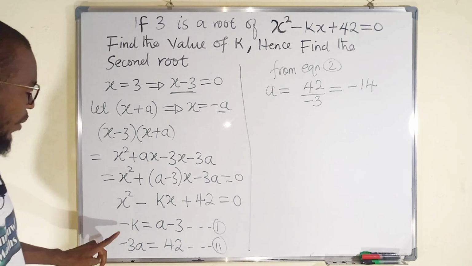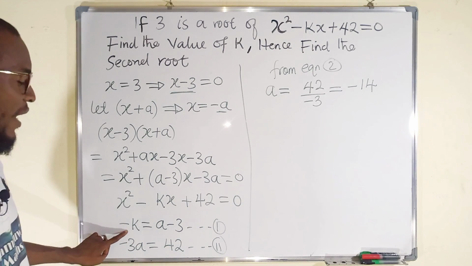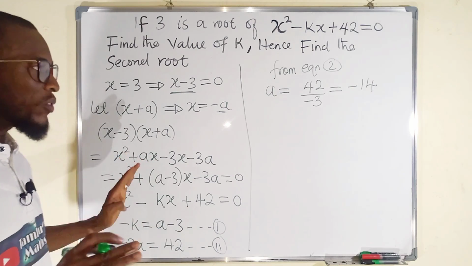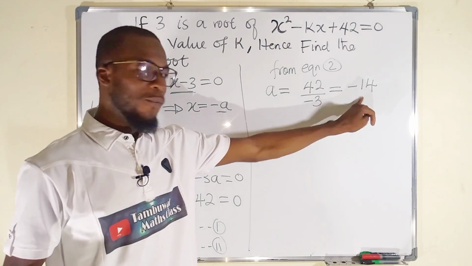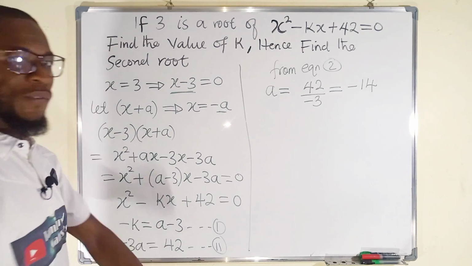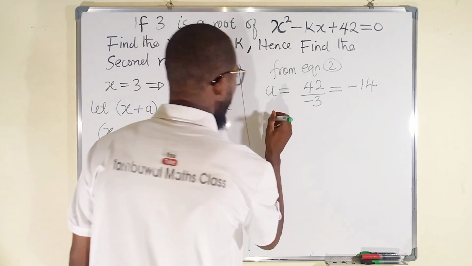From equation 1, you can see negative k is equal to a minus 3. We have just obtained the value of a as negative 14. We can plug it back into this first equation to get the value of k as required.